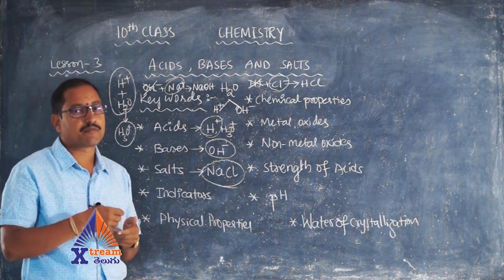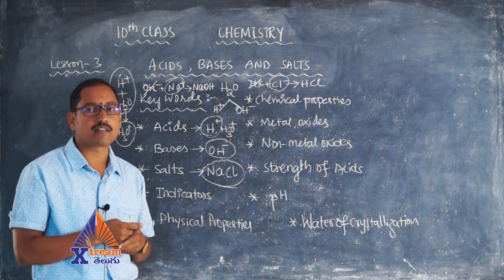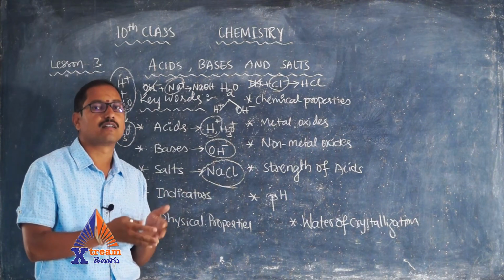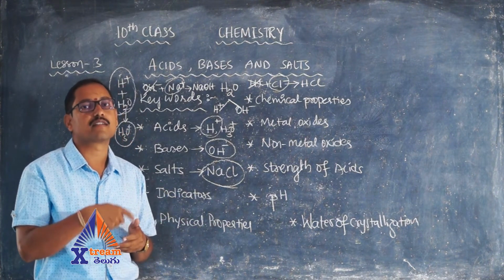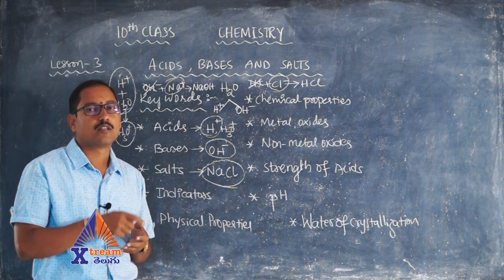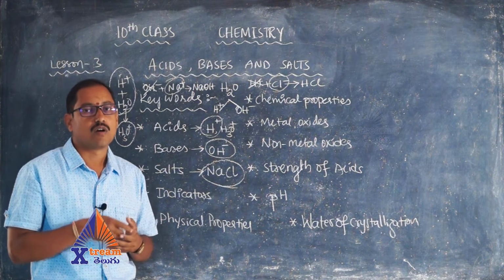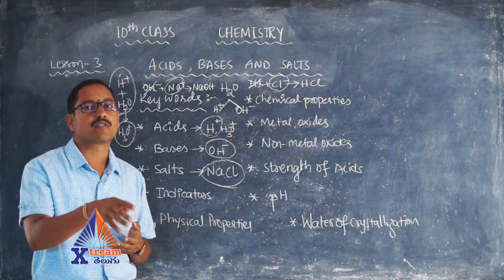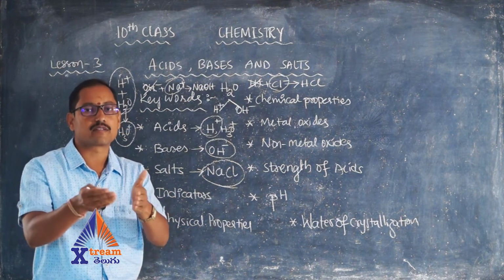That is, if they are reacting with acids, they will behave in a certain pattern, so that we can understand that the material with which this particular chemical is reacting is an acid, or a base, or neither acid nor a base, it is a neutral solution.